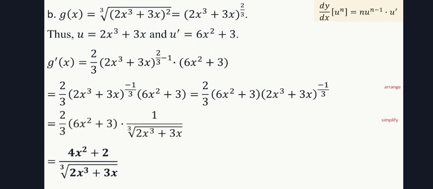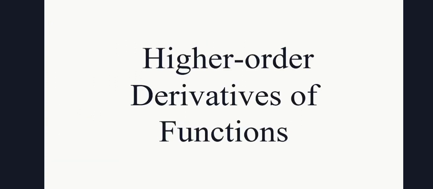We get, kasi negative exponent, dapat positive yung magiging final answer. So we get ito, and that is the final answer. Okay? So the final answer is 4x squared plus 2 over cube root of 2x cubed plus 3x. So manipulate lang po natin yung nasa ilalim na part.